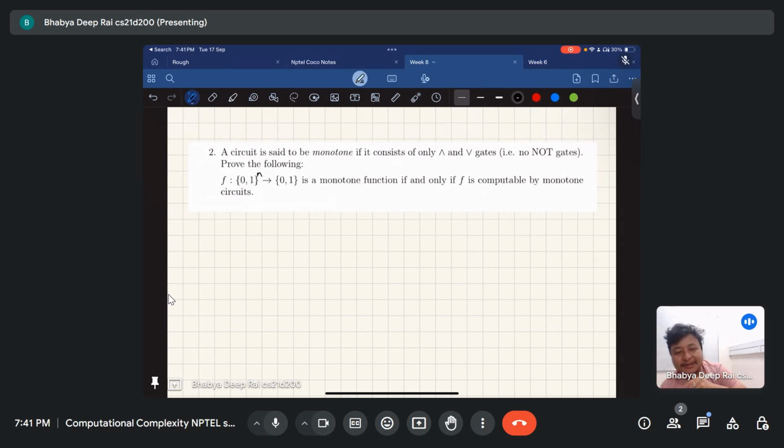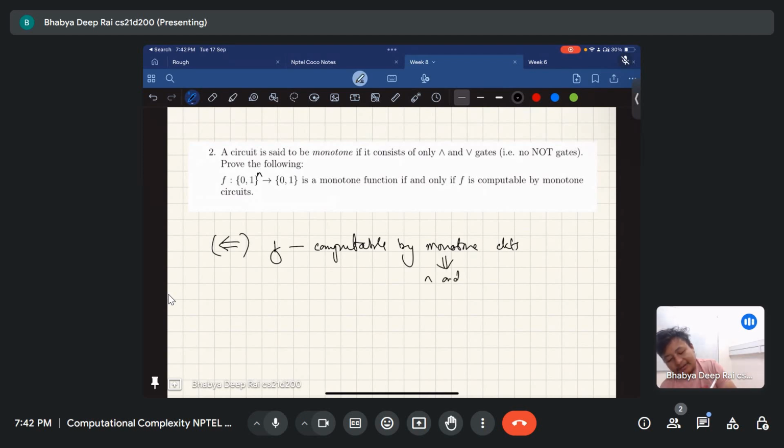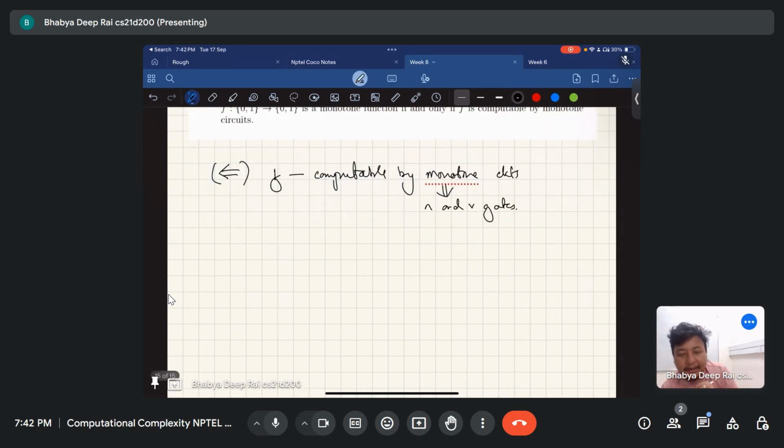First question is, what is possibly an easier direction? And this direction is actually easier. F is computable by monotone circuits. So what do we mean by monotone circuits? Monotone circuits means AND and OR gates. And if it has only AND and OR gates, we already know that AND and OR are monotone.